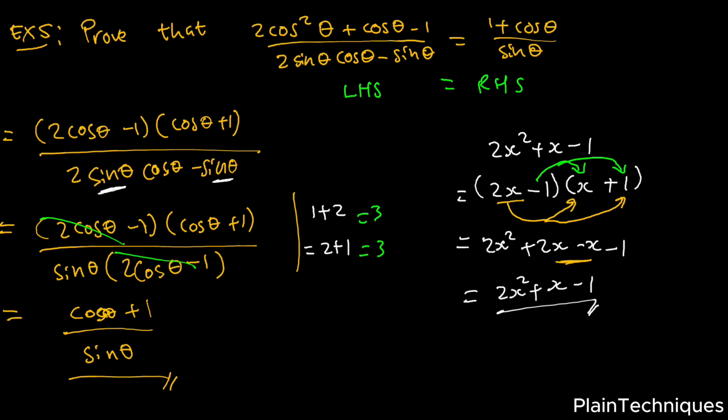When you have cos theta plus 1, that is the same as 1 plus cos theta, right? So I'm going to rewrite my answer. So in that format, I would have 1 plus cos theta over sine theta.